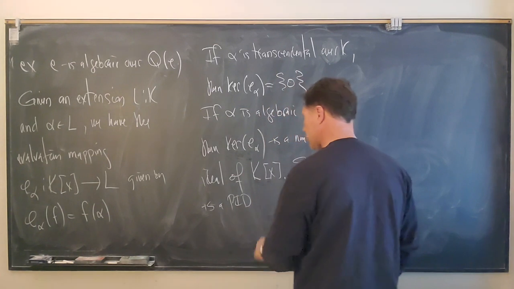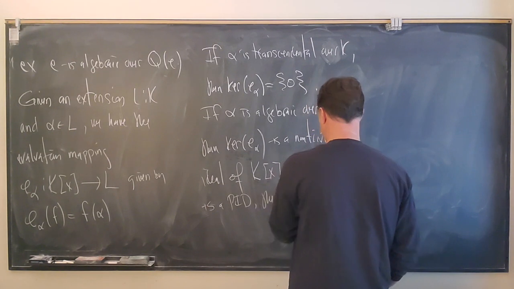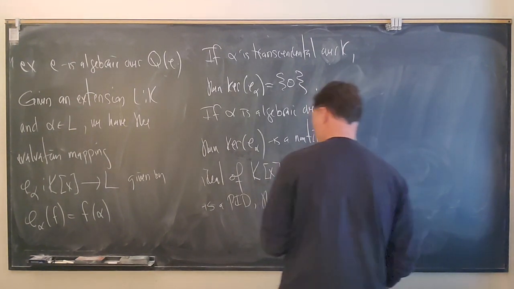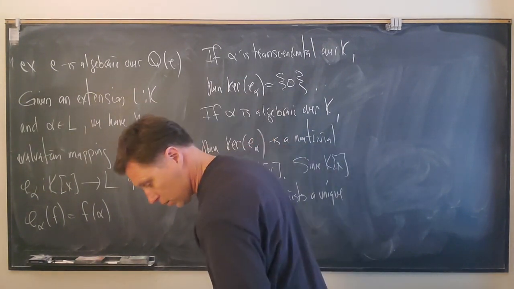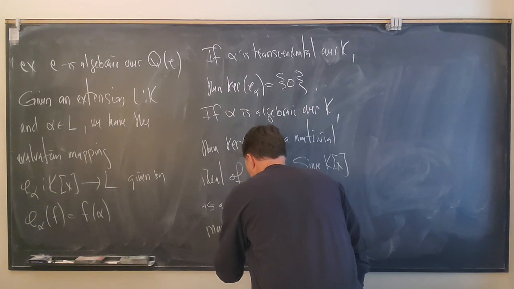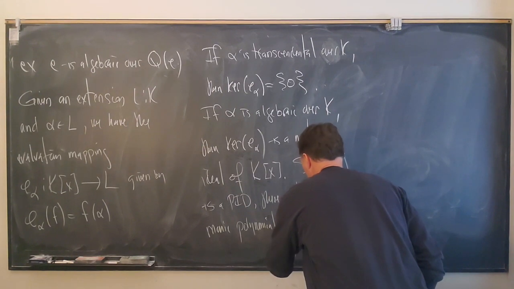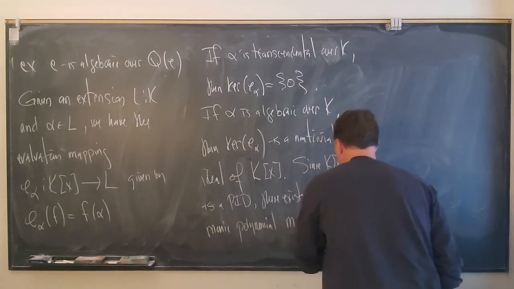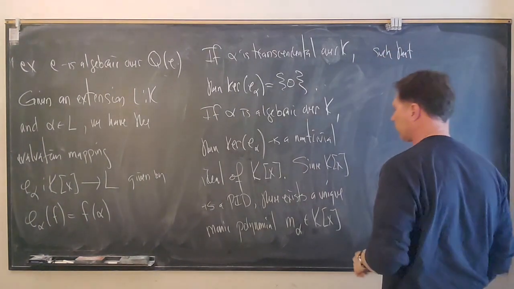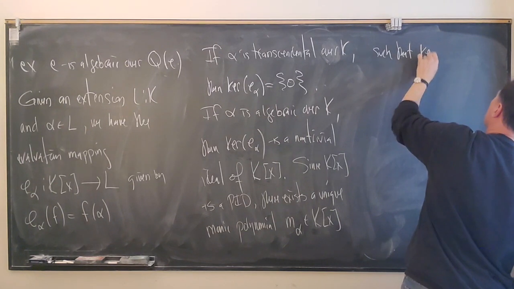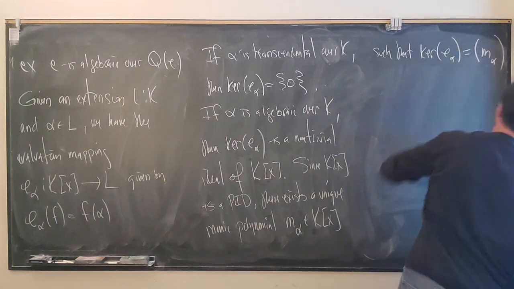So since K bracket X is a PID, there exists a unique monic polynomial, and I'm going to call it M sub alpha in K bracket X, such that the kernel of E sub alpha is equal to the ideal generated by M sub alpha.